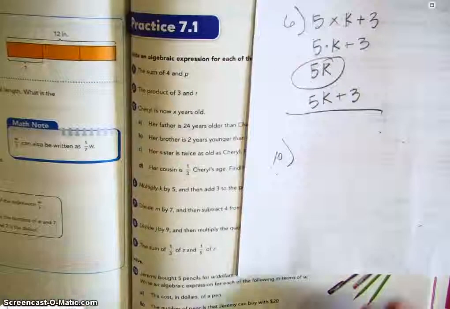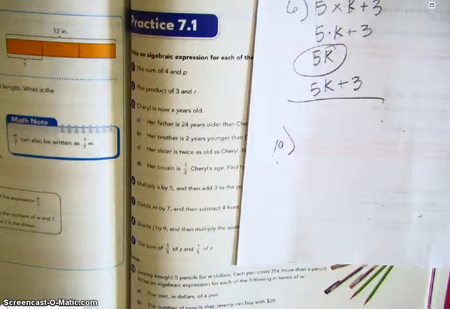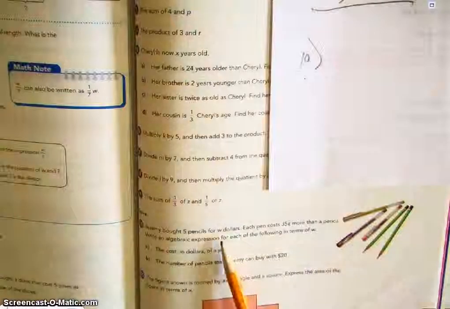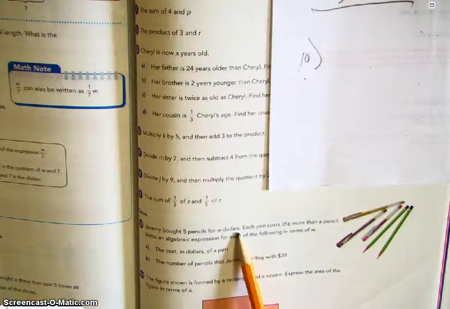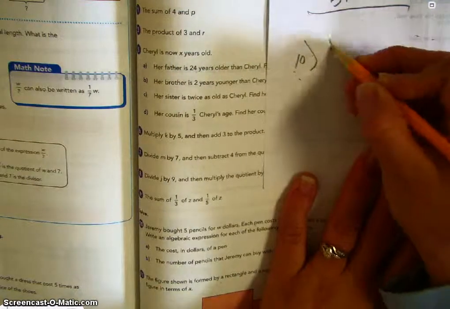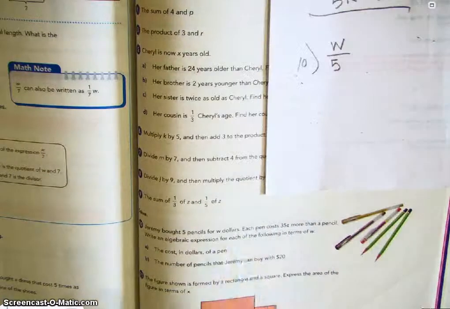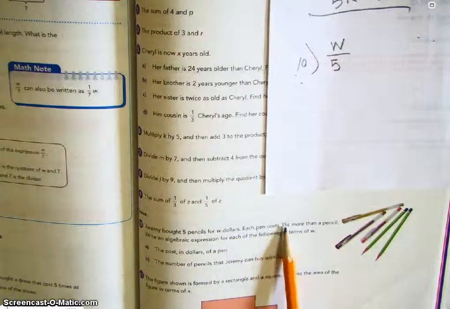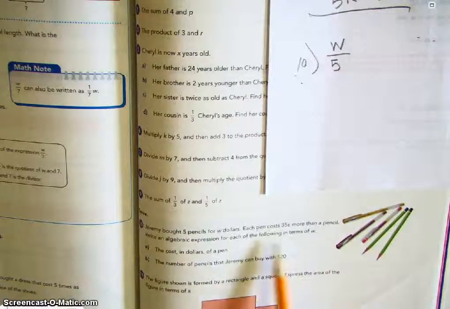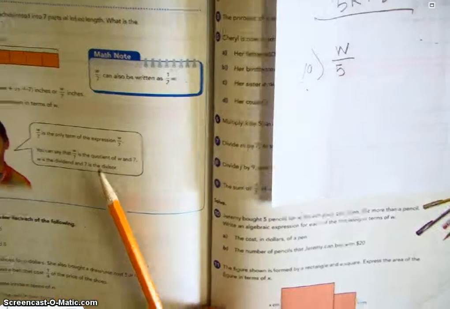This one's going to be a division problem because it says he bought 5 pencils for $W. It's going to be a division problem if we keep reading. Each pen costs 35 cents more than the pencil. Write an algebraic expression.